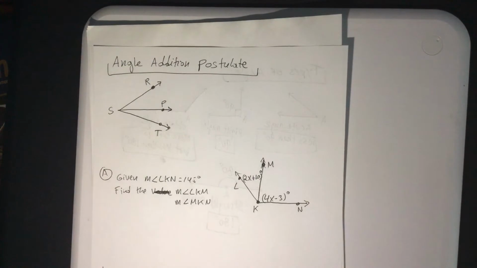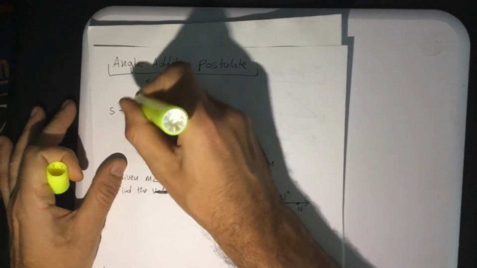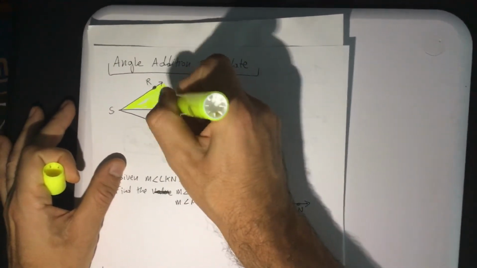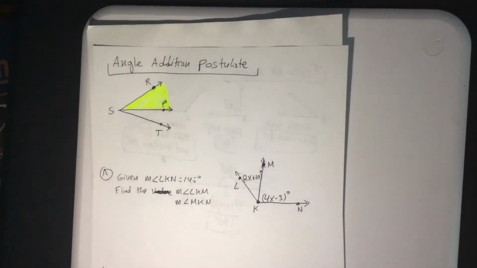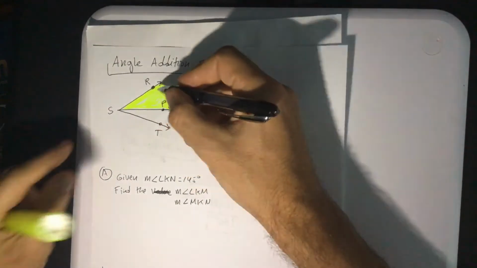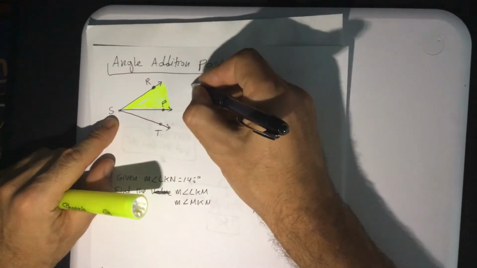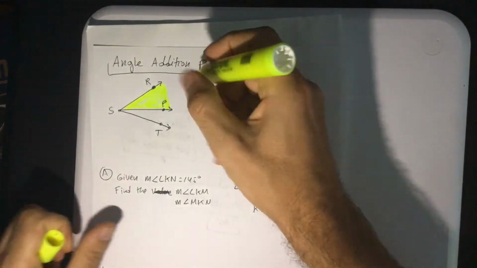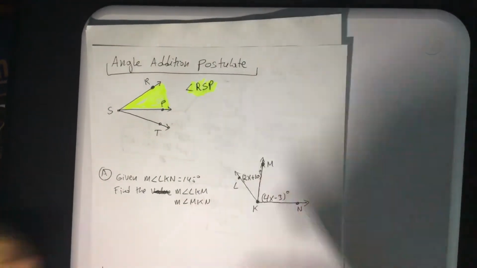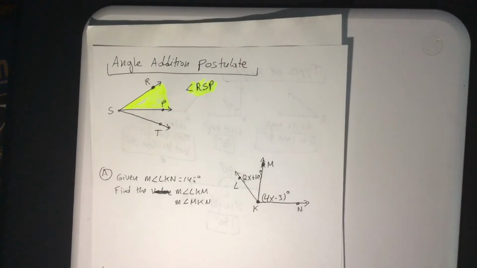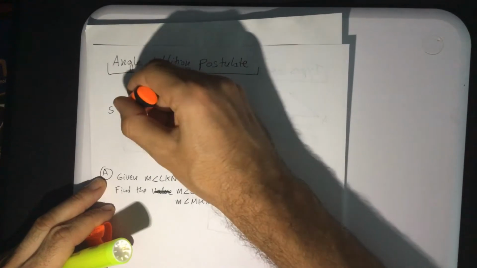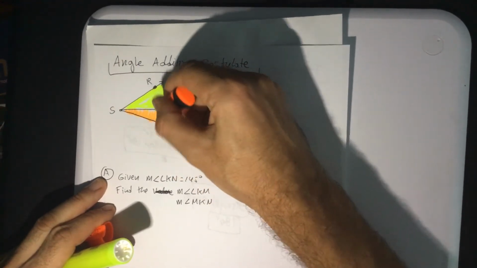When you have two angles joined together like this one, you got the yellow angle here, which is RSP. RSP, that's the yellow angle. And then you have the other angle here, the PST, this angle right here.